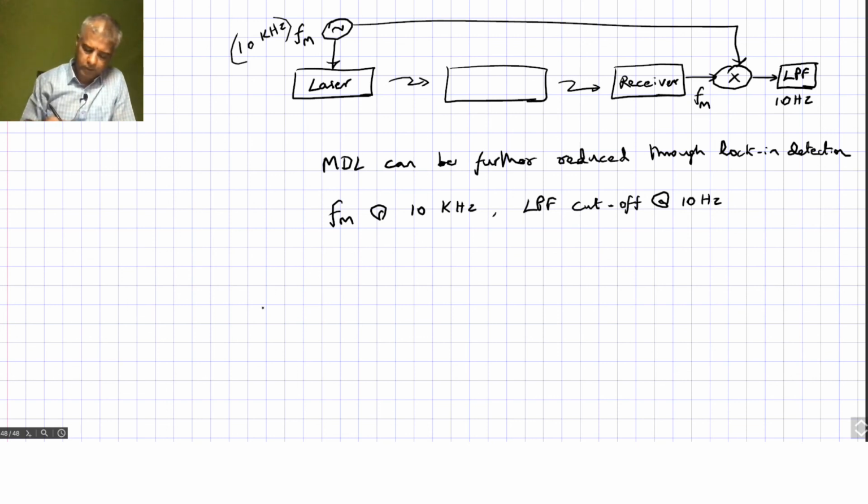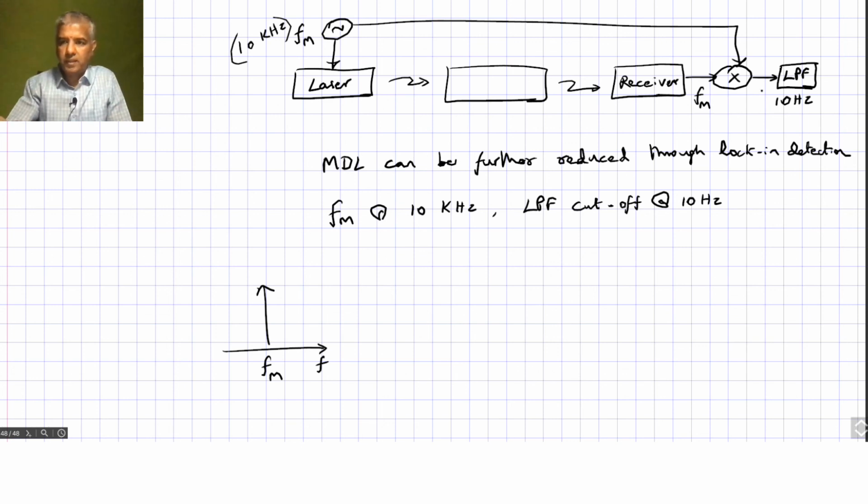So, in frequency, what we are doing is we have basically FM, and through this lock-in detection process we are beating it back to baseband, and then we are applying a low pass filter at 10 hertz, and that's all the noise that we pick up. Okay. So the noise power will also significantly come down.